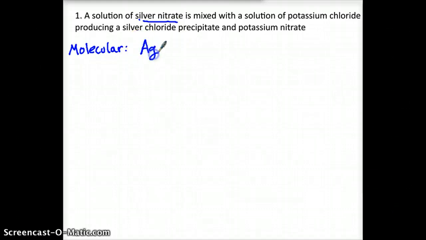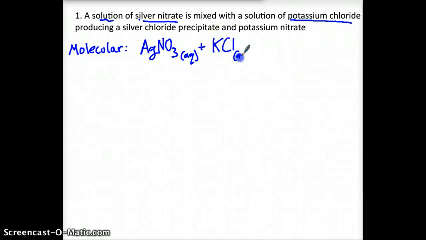Silver always has a +1 charge, so silver nitrate is AgNO3. We need to include the state, so since it's a solution, this is going to be aqueous. Is mixed with a solution of potassium chloride, so that's K, group 1, so it's +1, chloride -1, aqueous, because it's a solution.